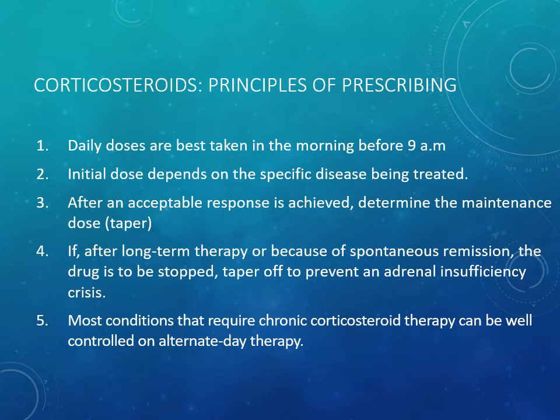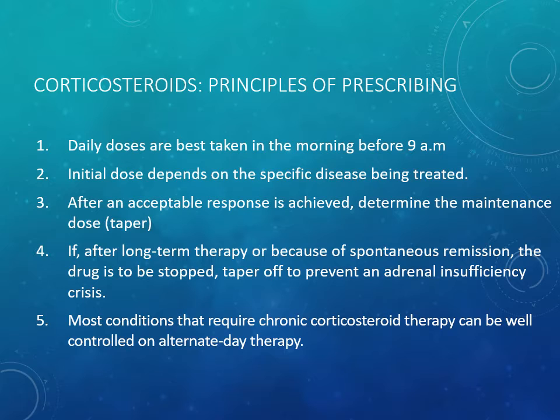So these are some of the principles of prescribing corticosteroids. Daily doses are best taken in the morning before 9 a.m., and that's because you need to match the natural body rhythm. And we know that maximum activity of the adrenal cortex is between 2 a.m. and 8 a.m. Secondly, the initial dose depends on the specific disease being treated.